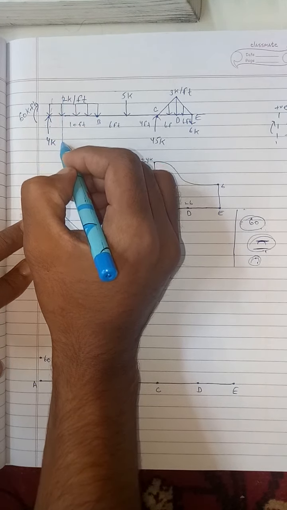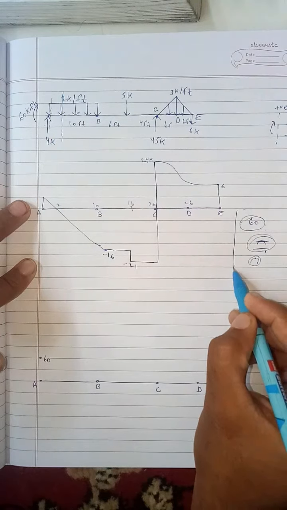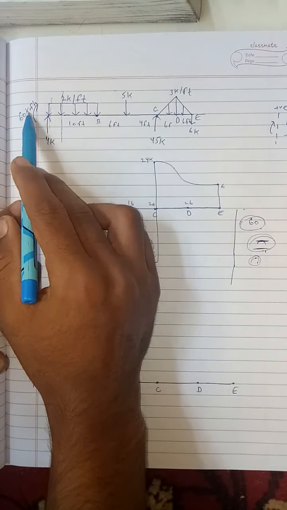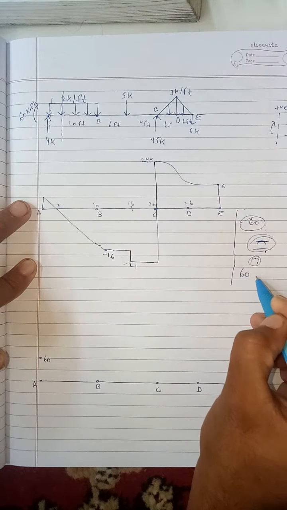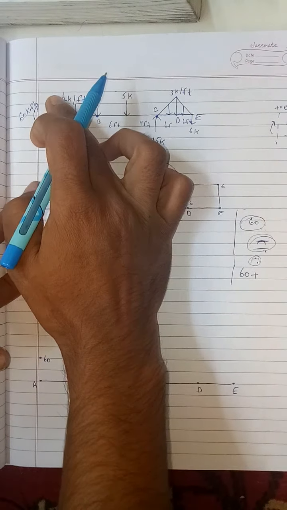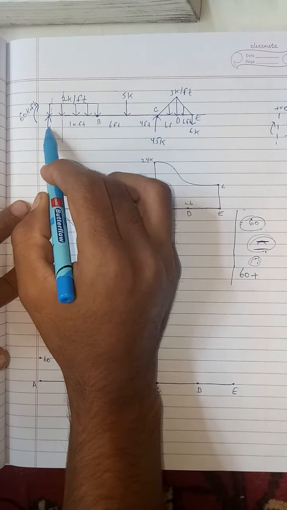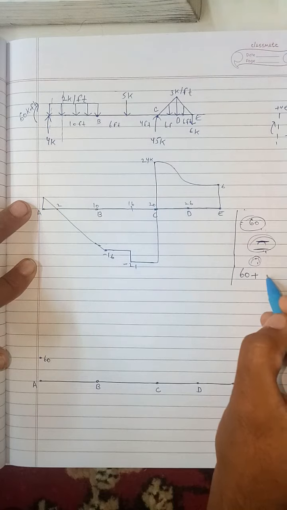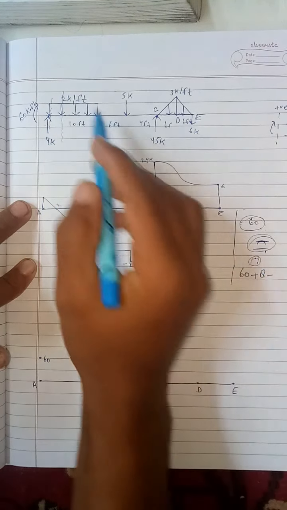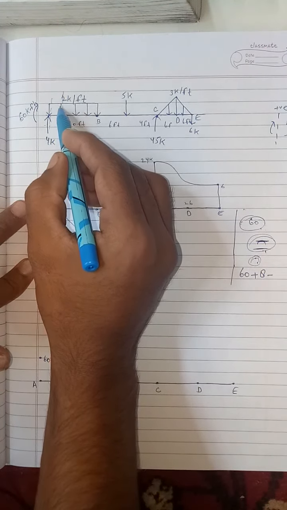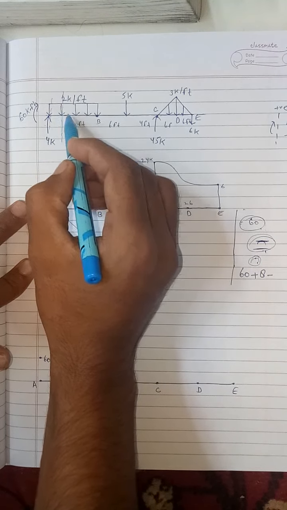So we will make a sectional line here. The bending moment will be due to this 60, plus this force will try to rotate the beam in the upward direction. The force is 4 and the distance is 2 meters, so this will be 8, minus the effect of the uniformly distributed load.